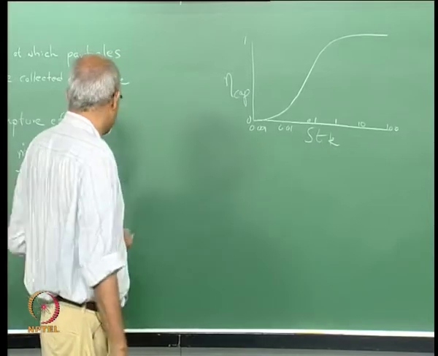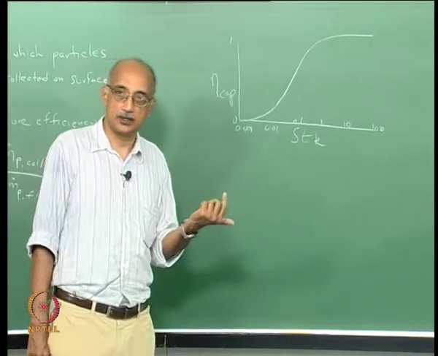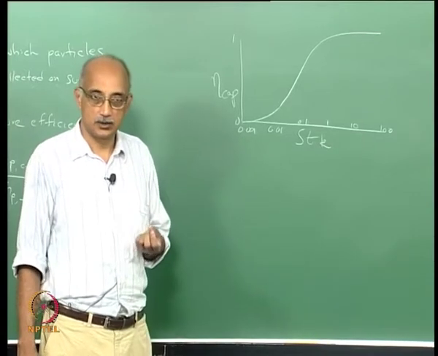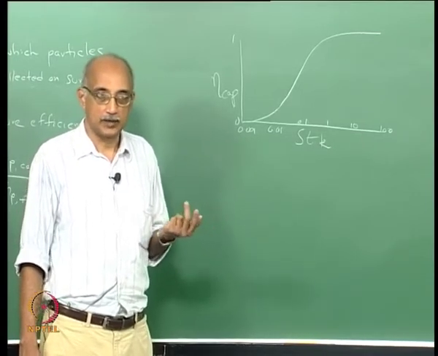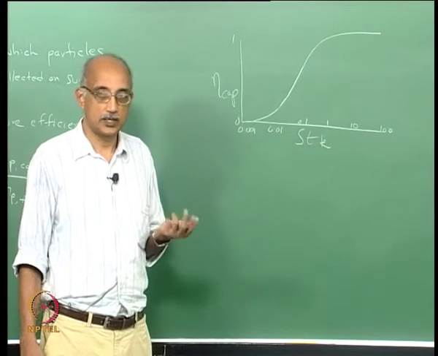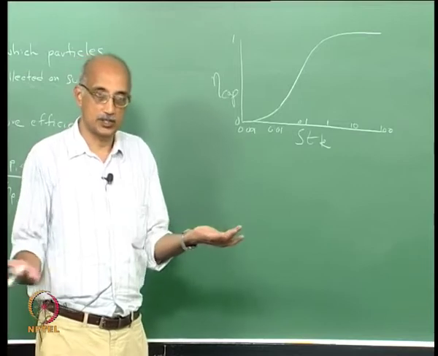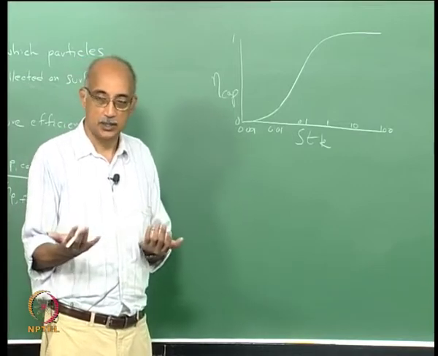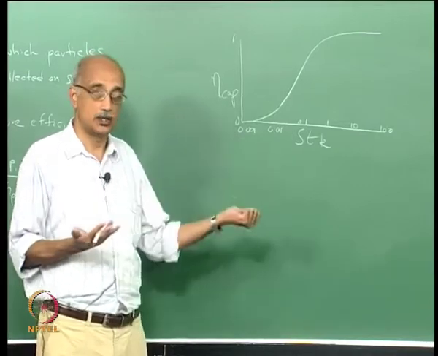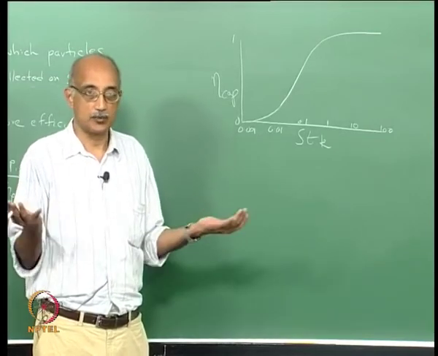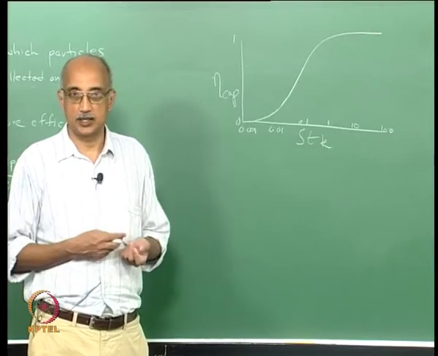How do you reduce Stokes number? Going back to the equation we had written earlier, you either reduce S or you increase D, right? But is that a good strategy? What does it mean when you increase D? If you increase the characteristic dimension of your surface, the capture efficiency may be lower, but the total surface that's available for capturing particles will be much higher. So that's not a smart strategy.